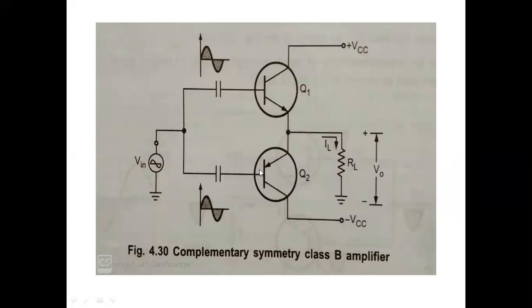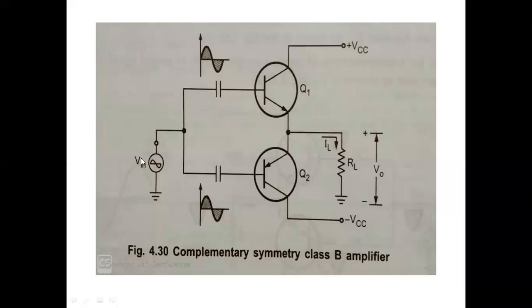Whereas coming to the second transistor, Q2, that positive signal is also applied to the PNP transistor. If you are applying some positive signal to the base, then it is in off condition. It is not conducting, so there is no output due to this transistor. So we have some signal at the load resistance due to transistor Q1 only when we are applying some positive half cycle at the input.